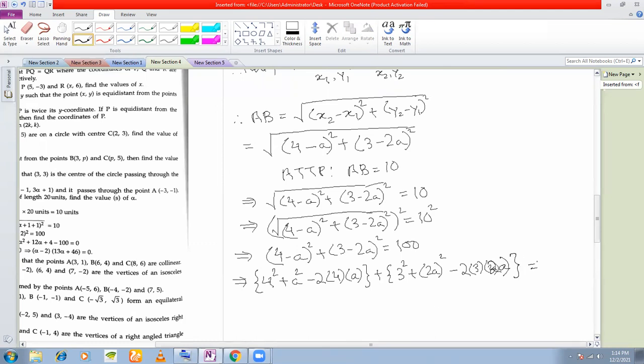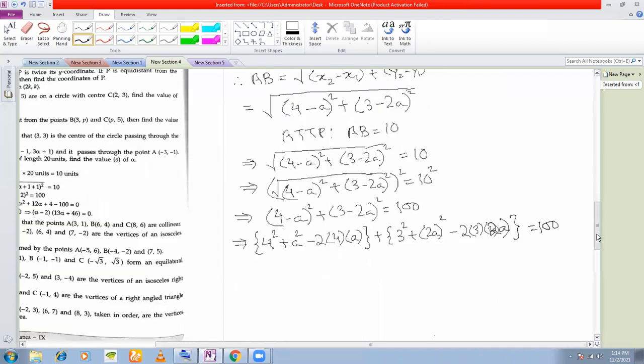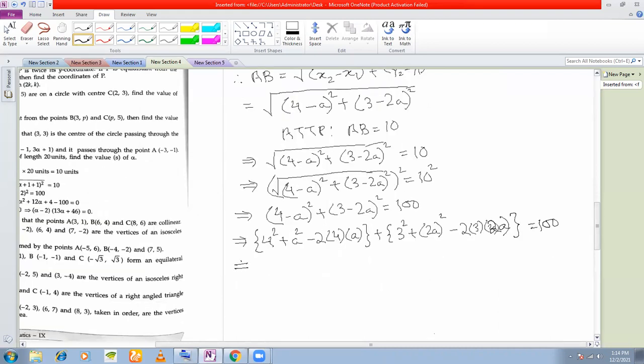So this is equal to 100. Okay. So now you simplify and open the brackets. So you get 16 plus a square minus 8a plus 9 plus 4a square minus 12a is equal to 100.